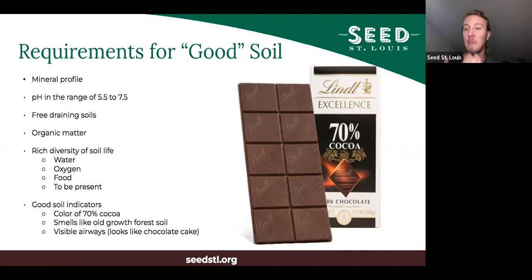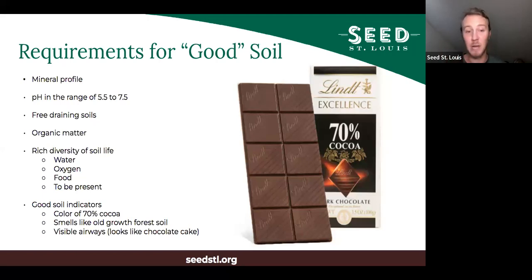And those smells come from a lot of the materials that the fungus are releasing. And then visible airways. If you pick up the soil and squish it and it turns to dust, there is no structure there. But if you pick it up and it's crumbly, almost like a cake consistency, kind of spongy, when you squish it, it gives a little bit, but then pushes back.